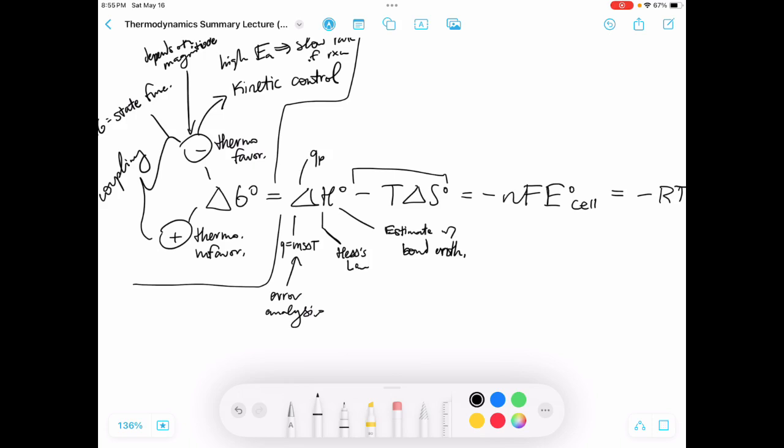With Hess's law, one thing to remember is that they're probably going to ask about mole of reaction and molar enthalpy.